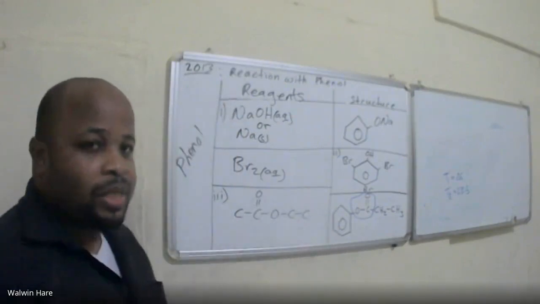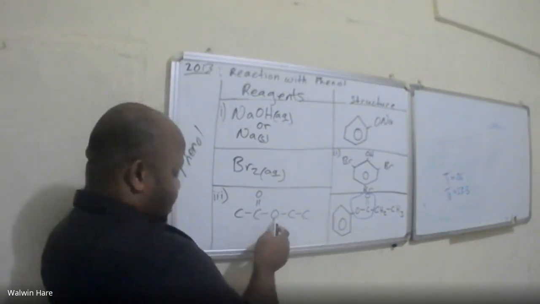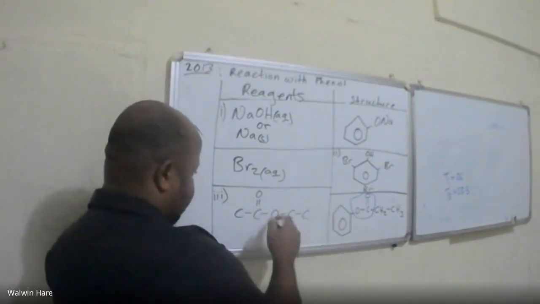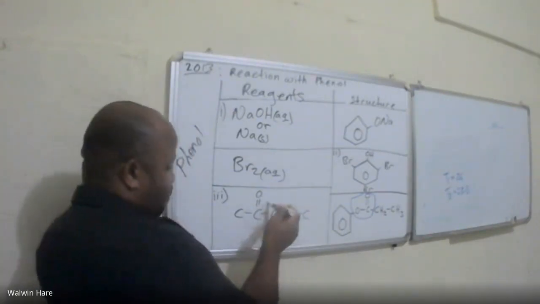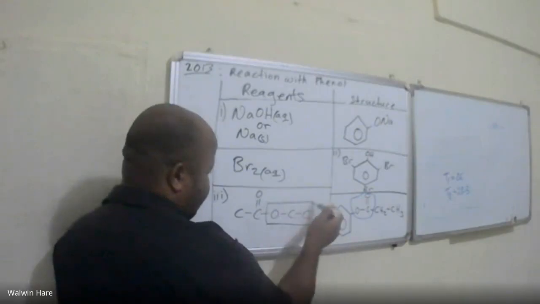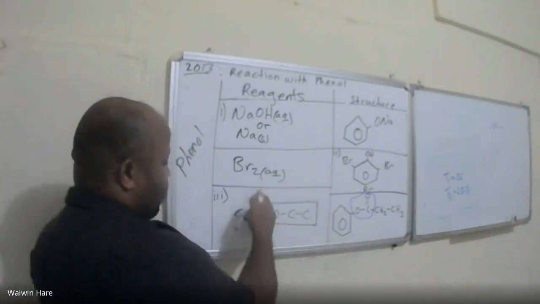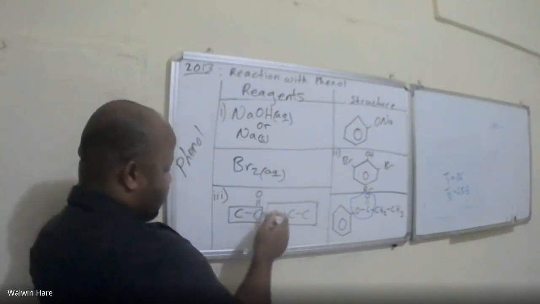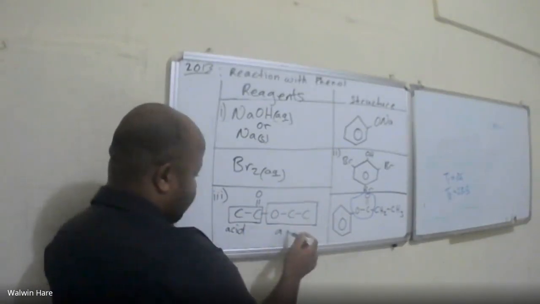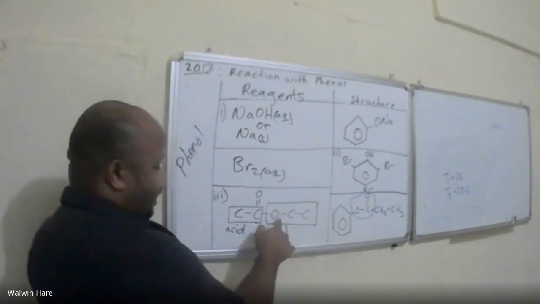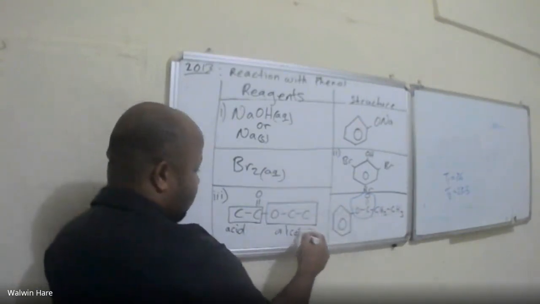If you want to know which part is the alcohol and which part is the acid, we have C single bond O. Everything from this single bond O, that part of it, that's the alcohol. And the C double bond O and beyond, that is the acid.